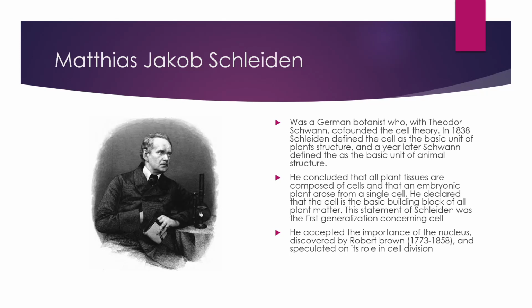He declared that the cell is the basic building block of all plant matter. This statement of Schleiden was the first generalization concerning cells. He accepted the importance of the nucleus, discovered by Robert Brown, 1773 to 1858, and speculated on its role in cell division.